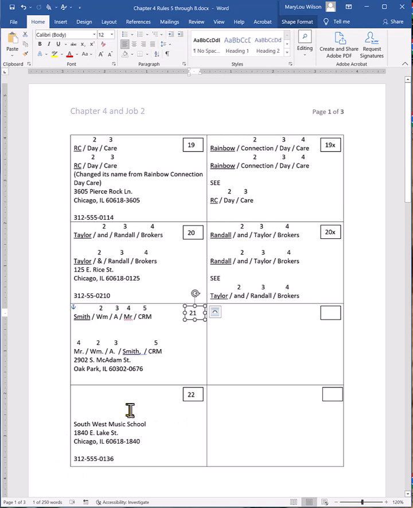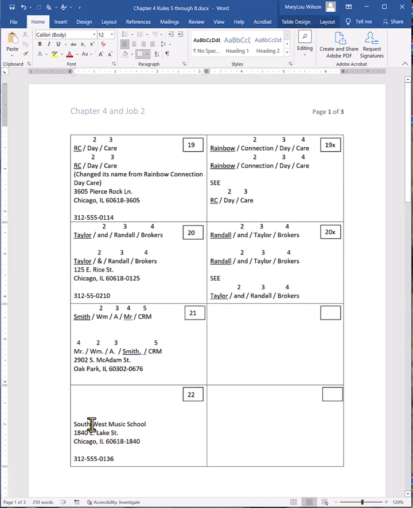This one is going to give an example of a cross-reference, rule number 7, which is a similar name. Let me show this to you. Let's code this first. This is a business, Southwest Music School. So I'm going to go in and put my slashes.